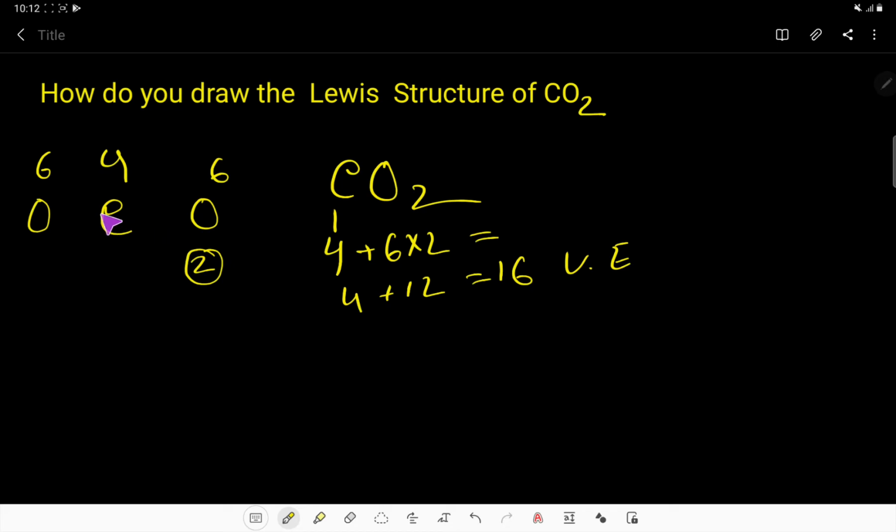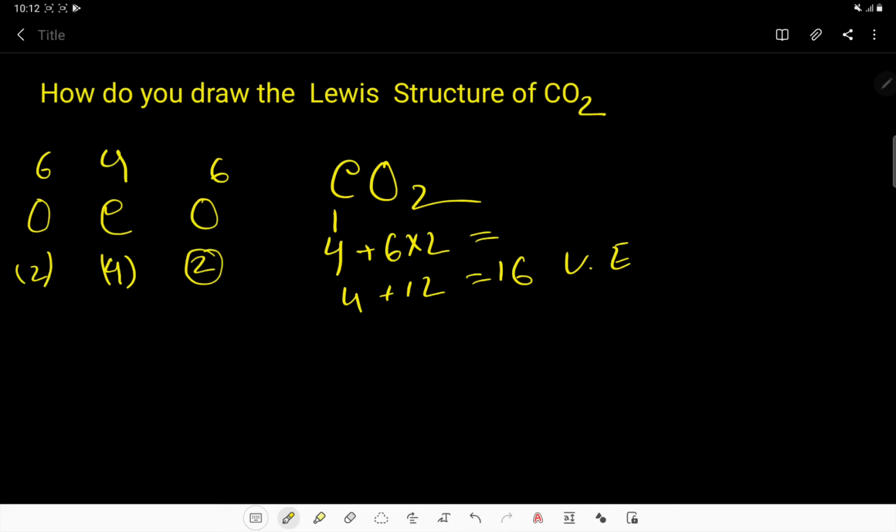And this carbon has 4 valence electrons, but we need 8, so this carbon will take 4 more electrons. That is, this carbon will form 4 bonds, right? And this oxygen also needs 2 valence electrons, so this oxygen will form 2 bonds.